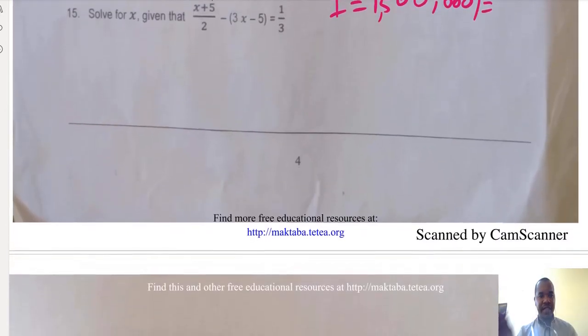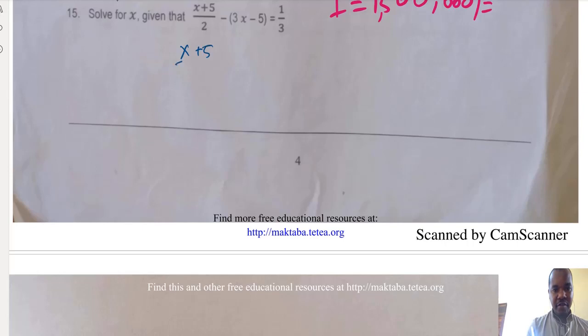Question number 15. Solve for x. We're supposed to solve for x. We were given an equation. Here is the equation: x plus 5 over 2 minus 3x minus 5 equals 1 over 3.